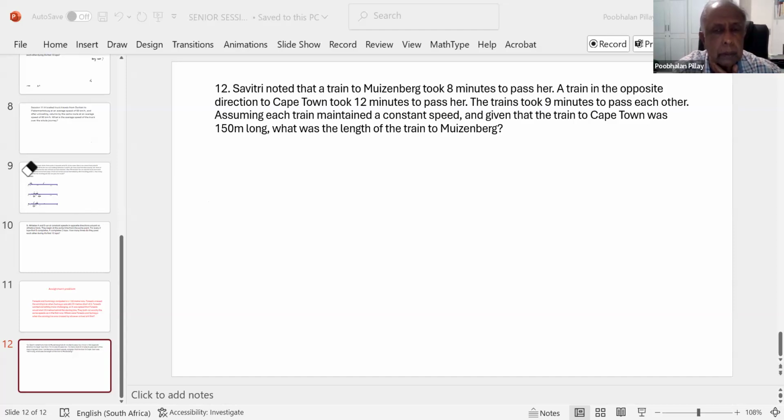So there's a train here, going that direction, and Savitri is standing here, and this train is going towards Muizenberg. Muizenberg is some town in the Cape, it looks like. So it's moving towards M, and it took 12 minutes to pass her.